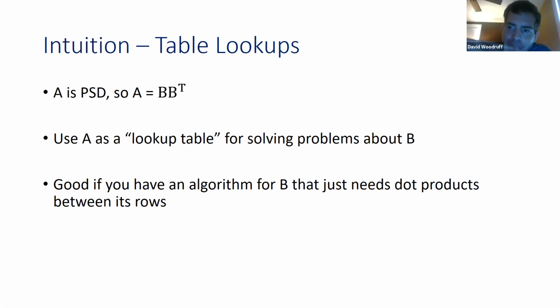Well, you just need dot products of all the rows to these 2 new rows, and so on. This is called adaptive sampling. It's a common low-rank approximation algorithm, but it can be implemented with roughly n times k dot products, which means that you just need to read nk entries of A. You don't have to do this expensive computation.